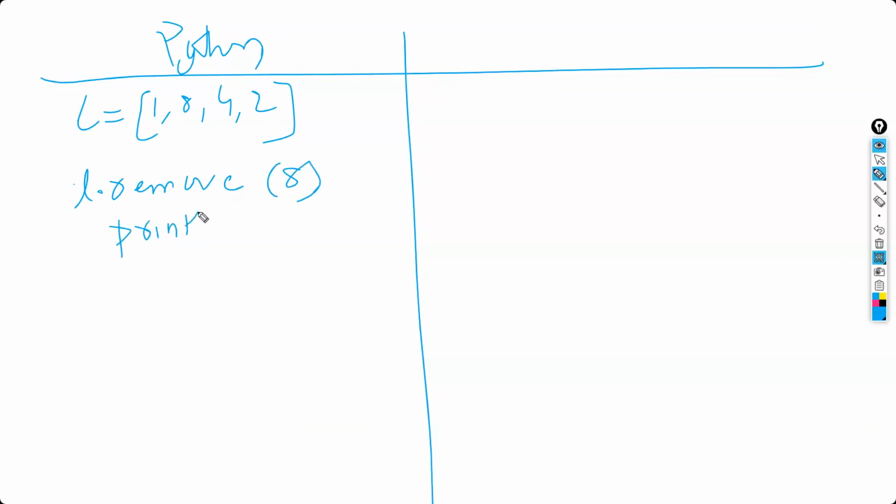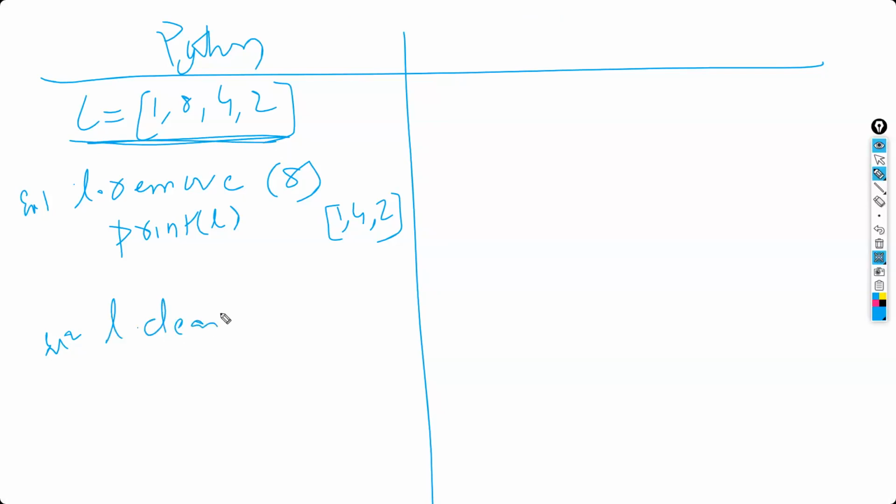Print L. If I print L, what happens? It is going to remove the 8 and you are going to get the output as 1, 4, 2. This is example number 1. Example number 2. Once again, L is this one only. Now this time L dot clear and print L. What is the output of L? Empty list.